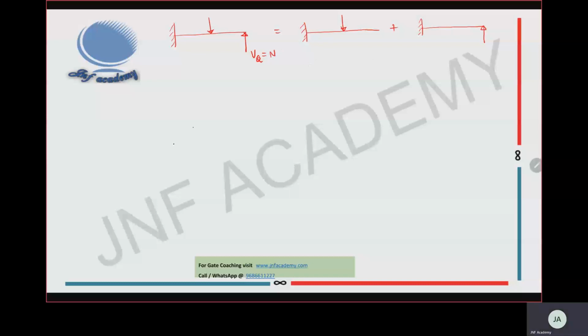Now I can draw the bending moment diagram like this.